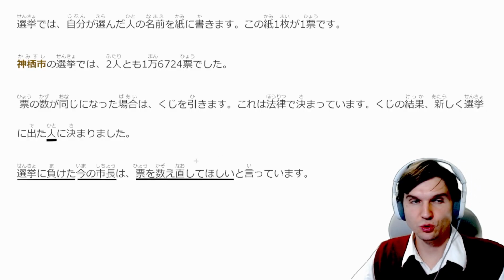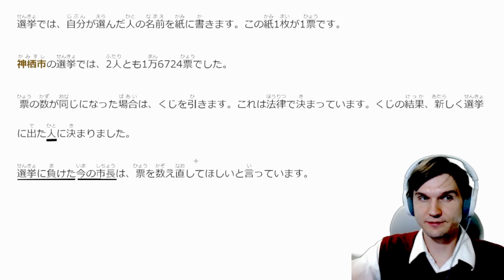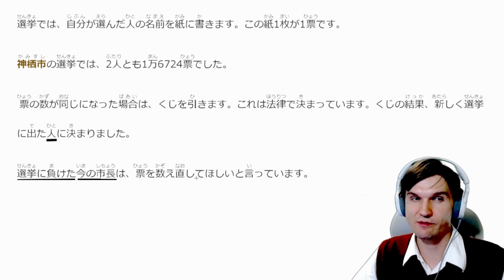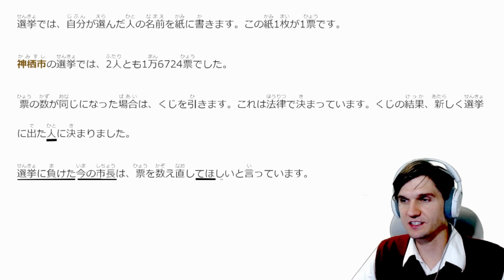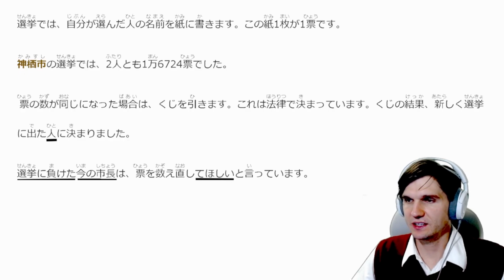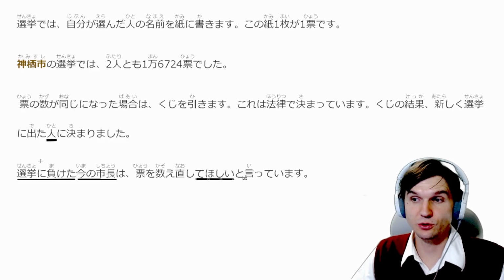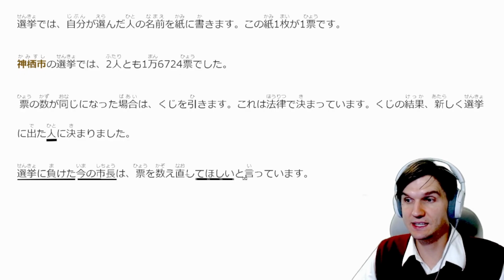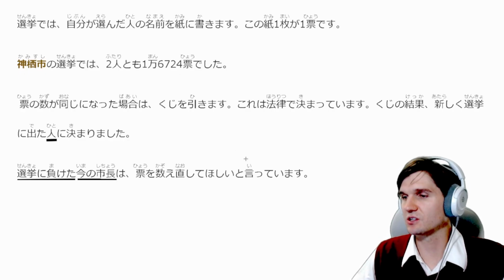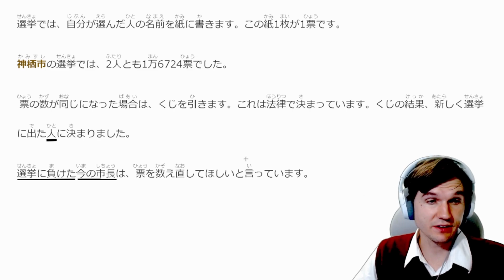If you want to do something, you'll put a verb in the い form. But when you want someone else to do a verb, you'll use the て form and 欲しい. So here, the current mayor who lost in the election is saying that he wants to recount the votes. So he is not taking his loss very well.